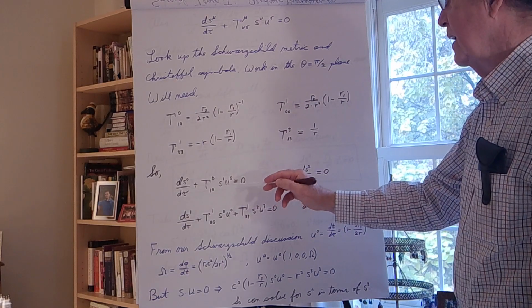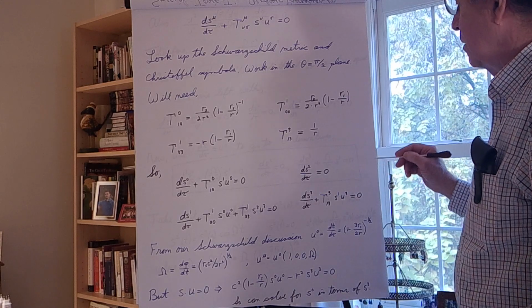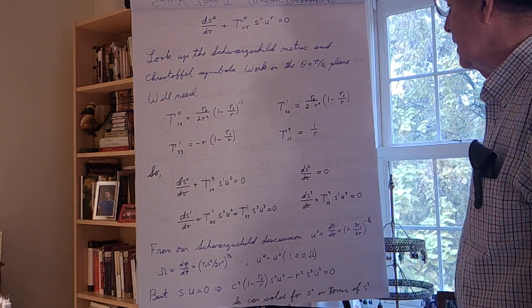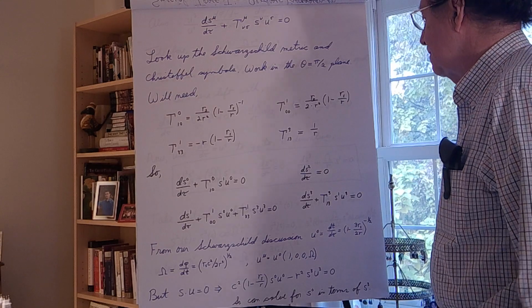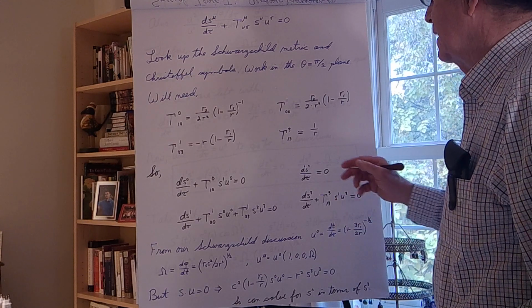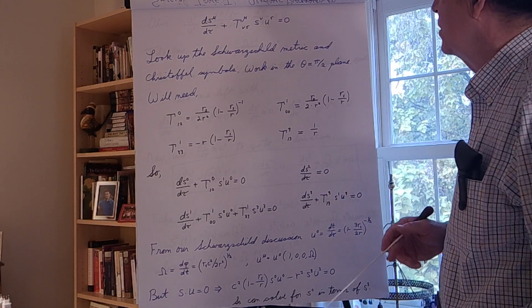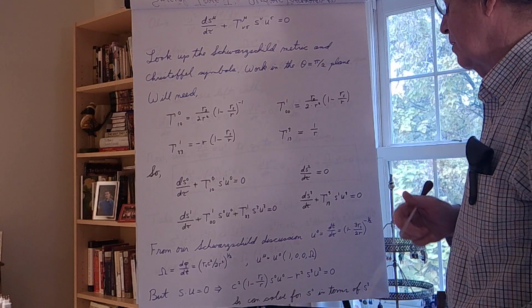So ds0 satisfies this equation for parallel transport. Oh, and ds in the second direction, ds2, is equal to 0. In that particular case, the Christoffel symbols vanish, for the case of u having only a 0th component and a 3rd component.